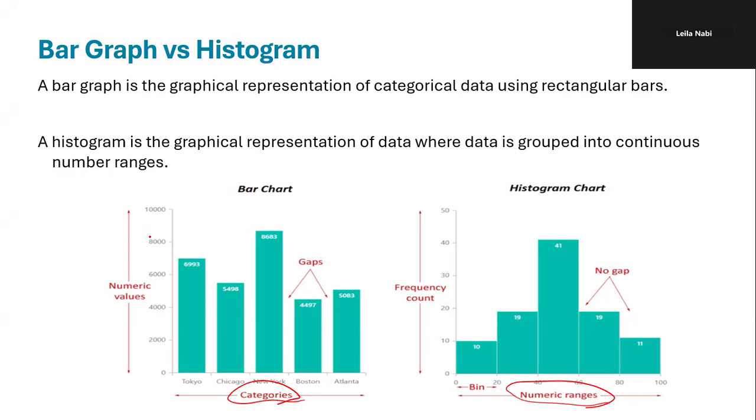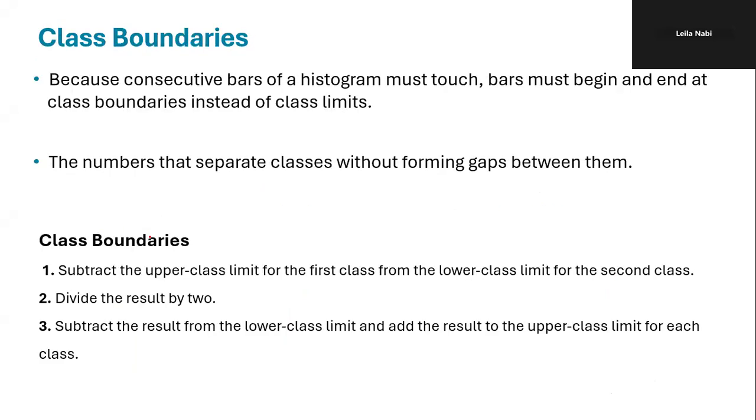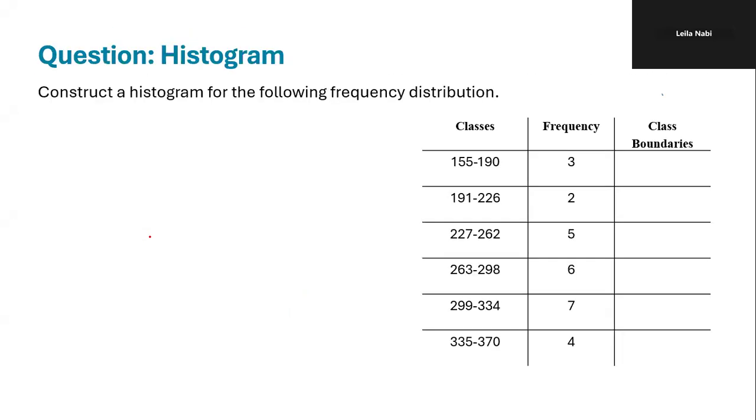But the question is how we can create bars which have no gap in between. If I look at this table, and if I want to create a histogram for this one, so for sure I will have one bar for this class, which is 155 to 190.